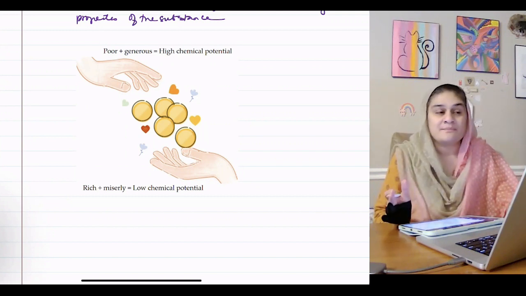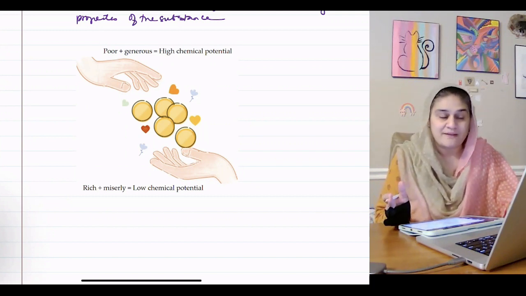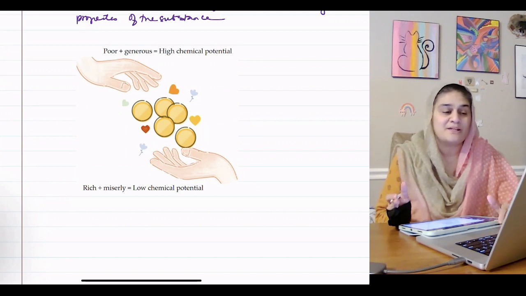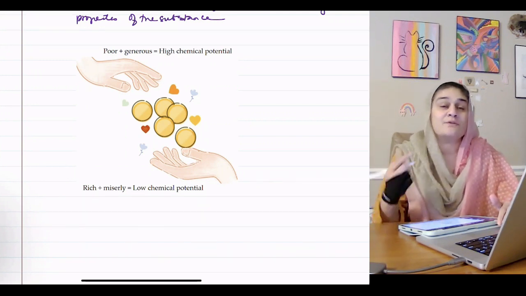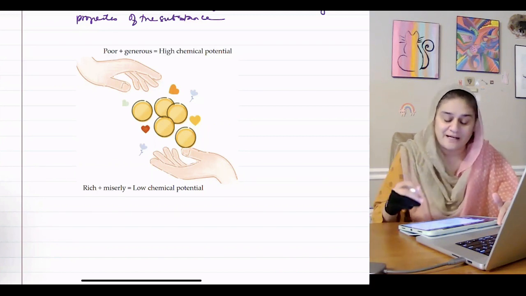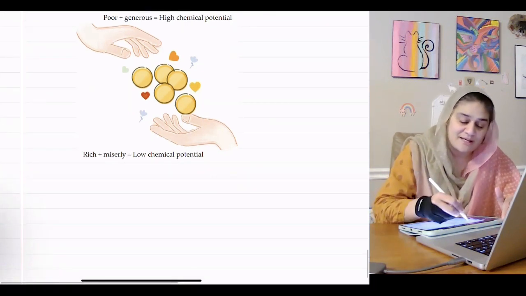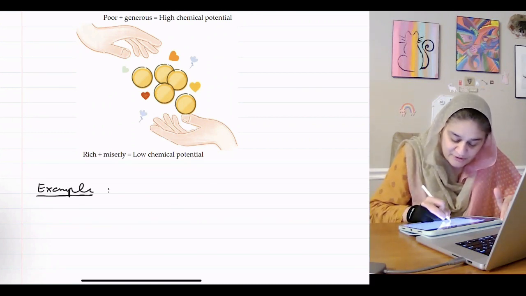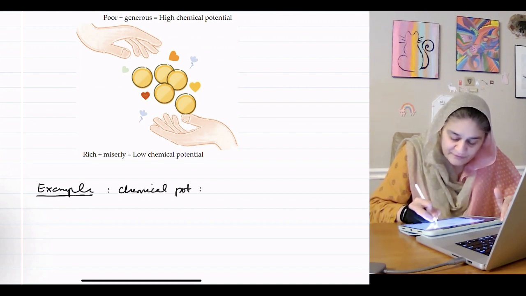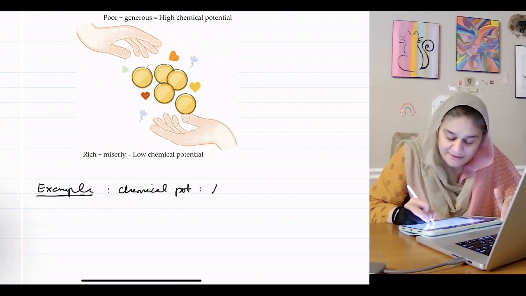There are some examples given in the book that include humidity, the pH balance, the Nernst potential, and the ideal gas. For our case, the one for the ideal gas is the most important. So the example that I want to focus on today is the chemical potential of an ideal gas.